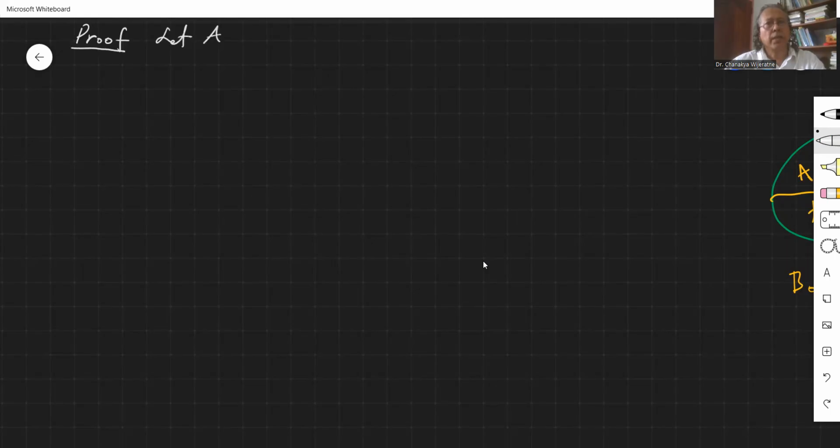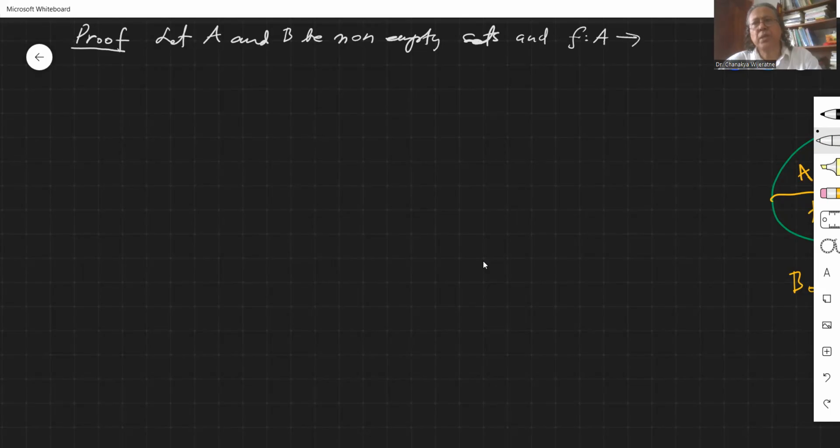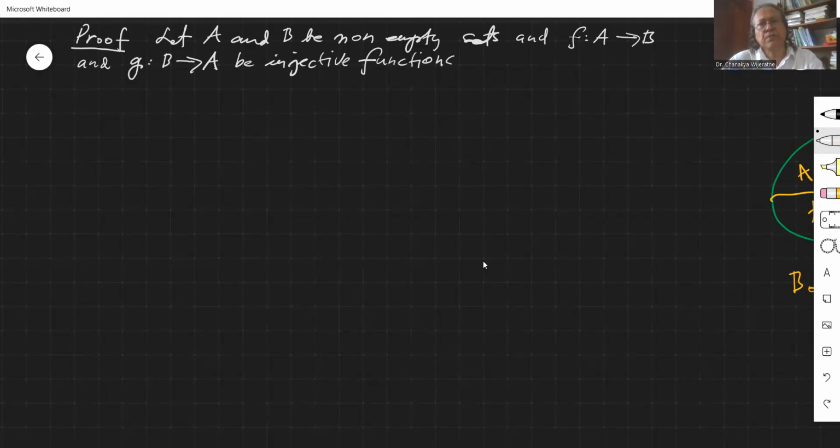Let A and B be non-empty sets, and F from A into B and G from B into A be injective functions.